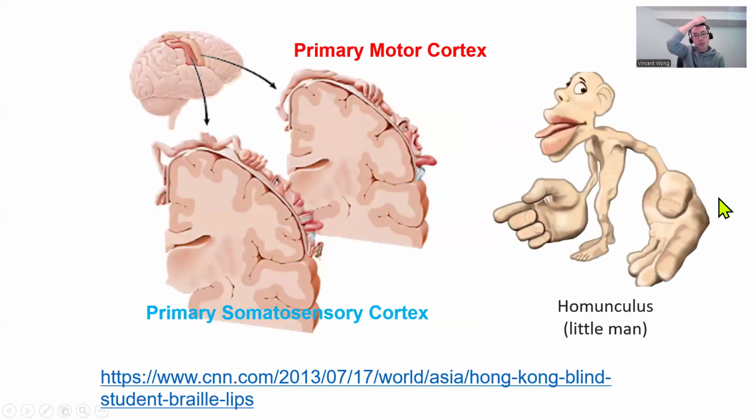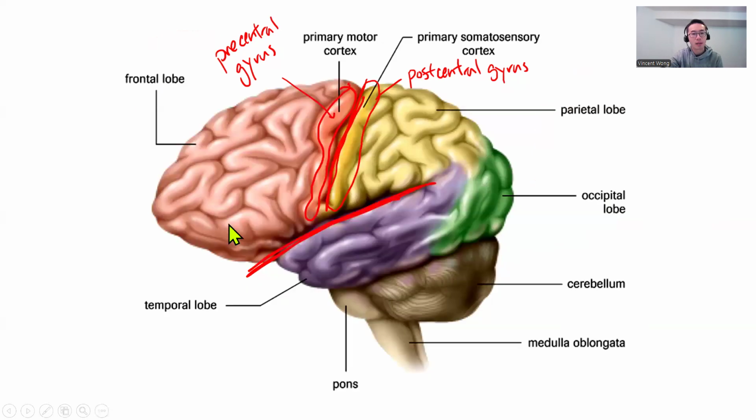Okay, so let's take a closer look at the primary motor cortex and the primary somatosensory cortex. Don't memorize that the primary motor cortex is on the left and the somatosensory cortex is on the right. It doesn't work like that. It depends on which way the brain is facing, right? In this case, the front is right here.